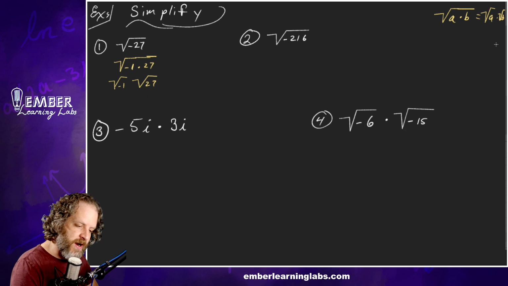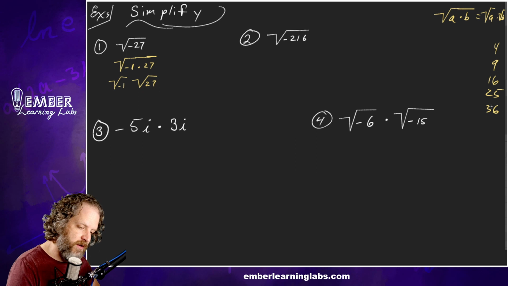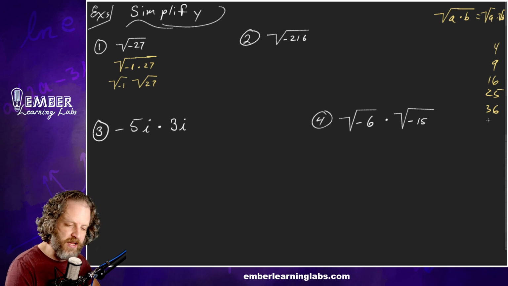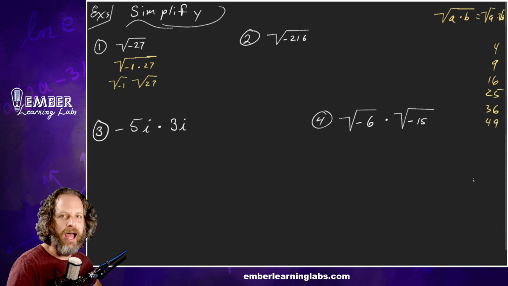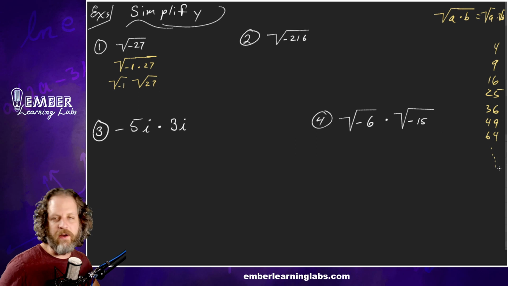Perfect squares are 4, 9, 16, 25, 36, 49, 64, 81, etc.